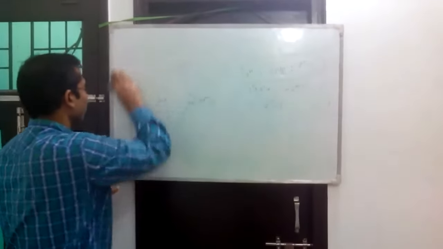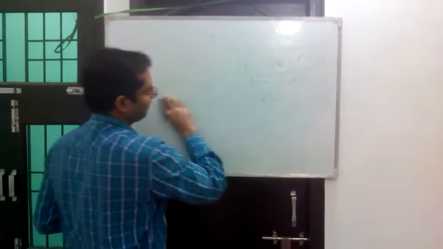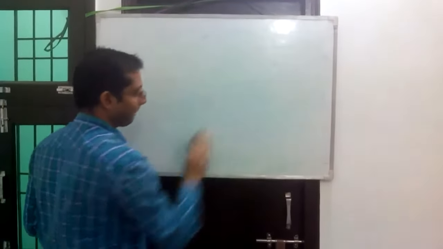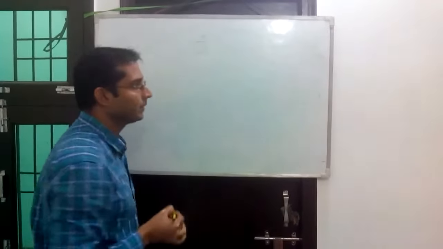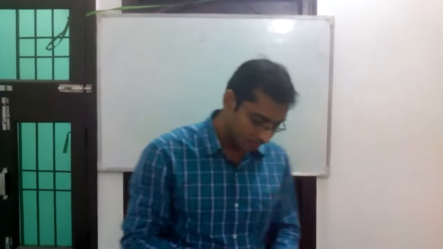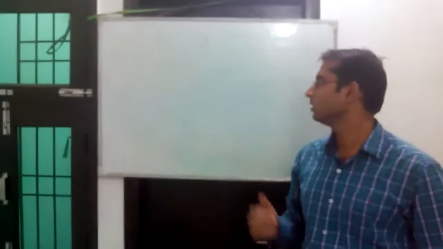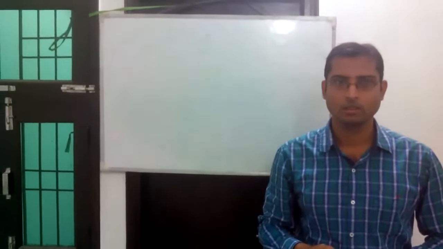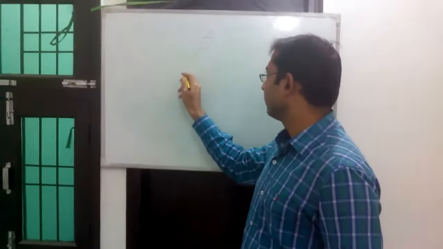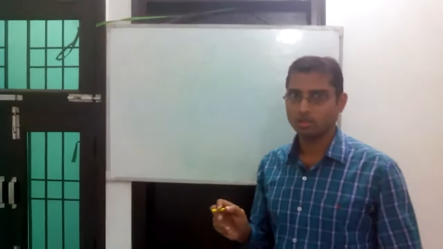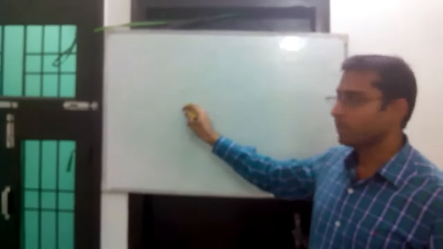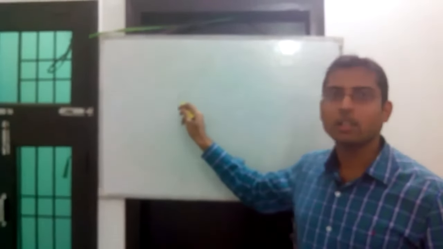Now, one more thing. For a binary tree, the question is how many null branches are there? Suppose I consider only 2 nodes to find the null branches.